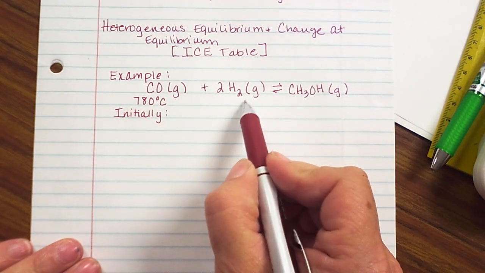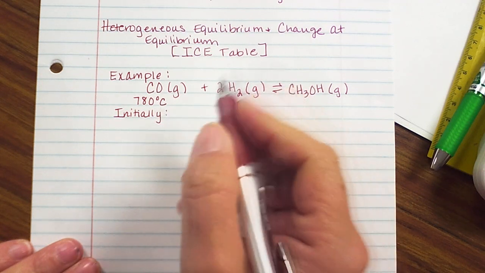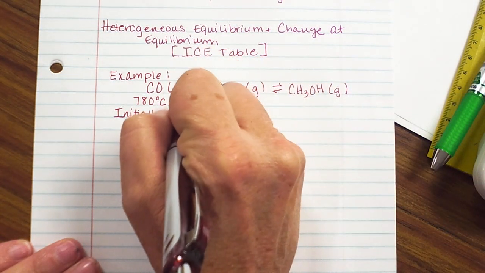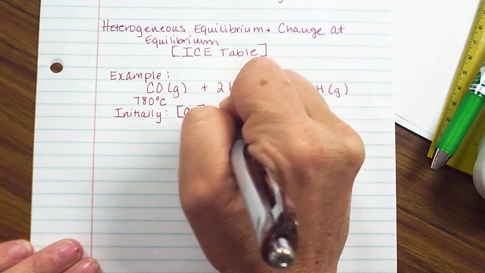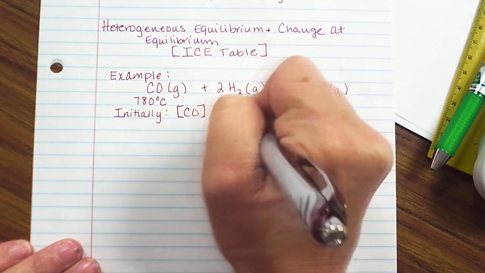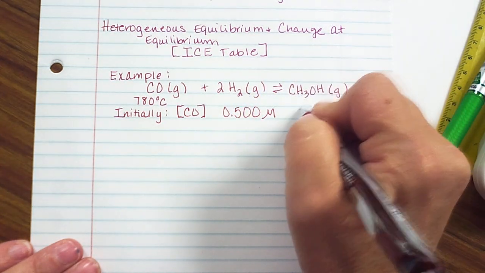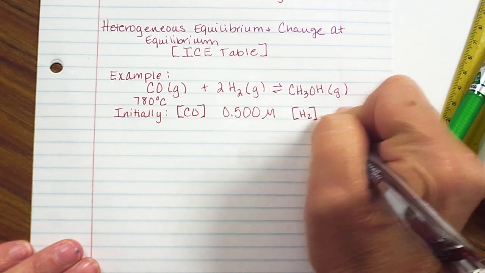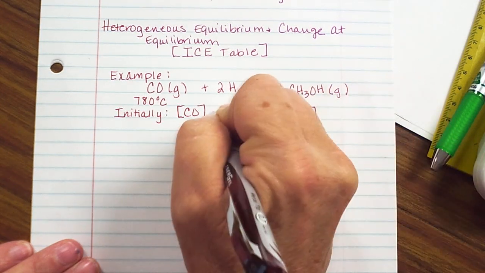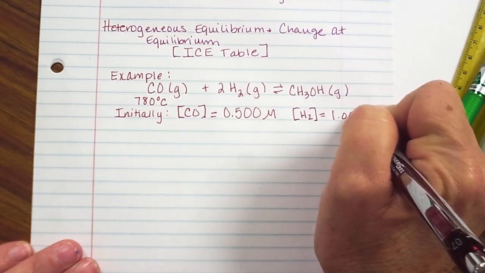Carbon monoxide and hydrogen create methanol. At 780 degrees Celsius, initially our concentrations are as follows. Our carbon monoxide concentration is 0.500 molarity, and our hydrogen concentration is equal to 1.00 molarity.